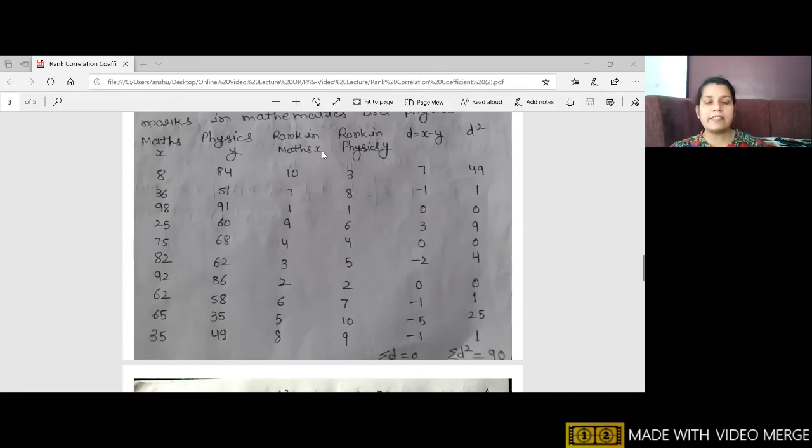So rank in mathematics is X and rank in physics is Y. So this is the column of ranks according to the maths and physics subjects.